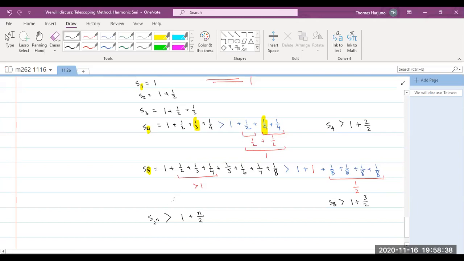Okay, now doing that pattern, we see that the 2 to the nth partial sum is greater than 1 plus n over 2.